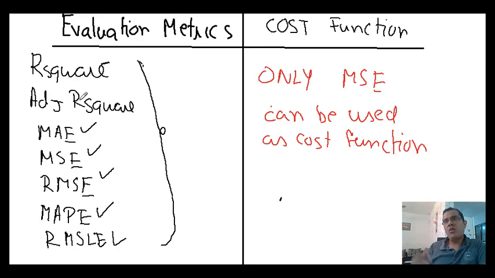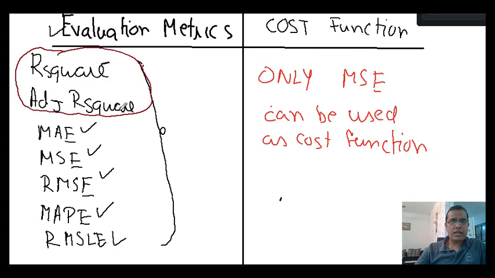So let's say I have created a model, before I actually put it into use, I want to find the performance. I want to find the behavior of my model. So all these parameters which I'm marking on my left side, which I have written under evaluation metrics, can be used to gauge the performance of my model.